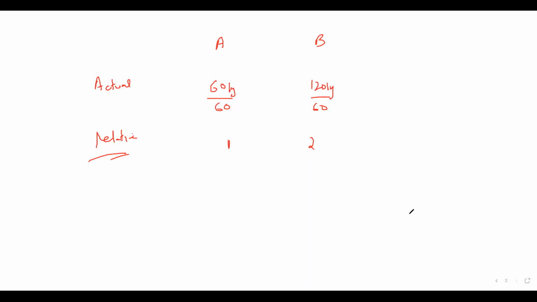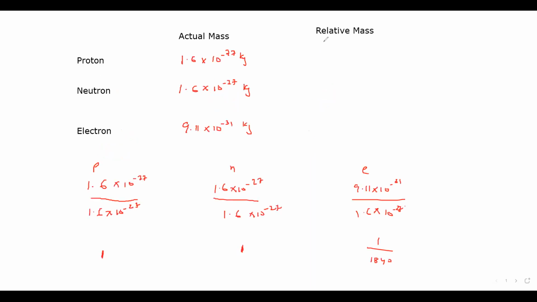Same thing, when we take the relative mass of proton, neutron and electron, the relative mass of proton is 1, relative mass of neutron is 1, and relative mass of electron is 1 divided by 1837 to be accurate, but 1840 you can write. That is the relative mass. Is it clear?